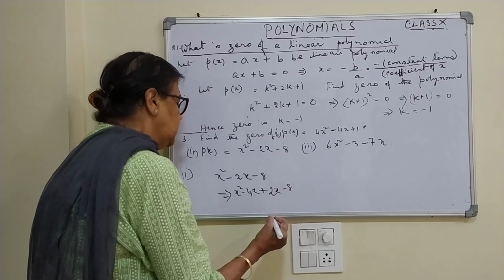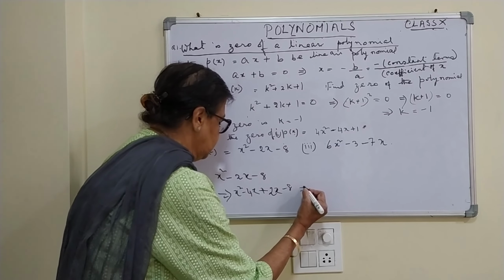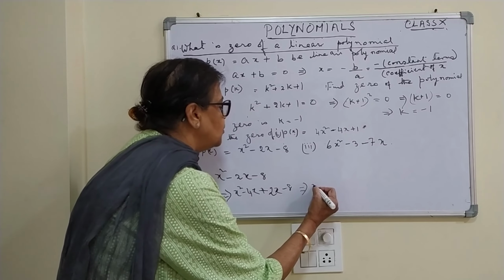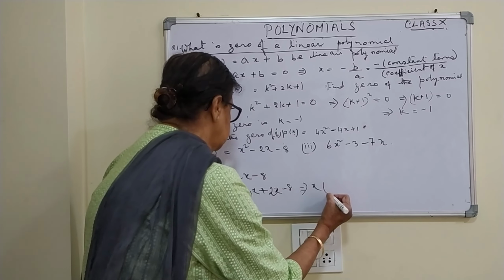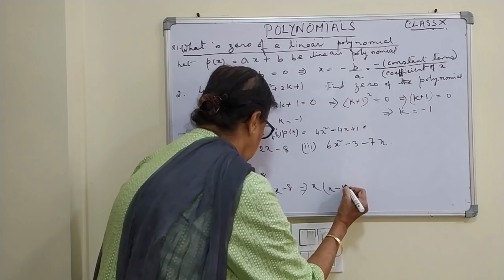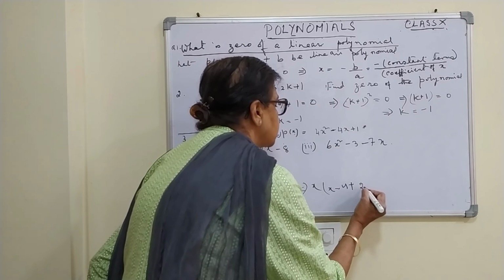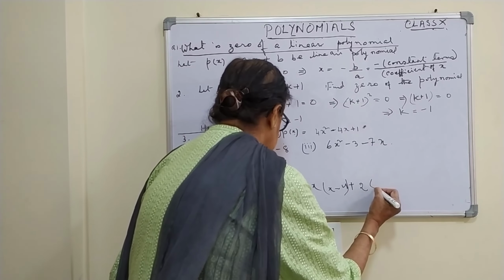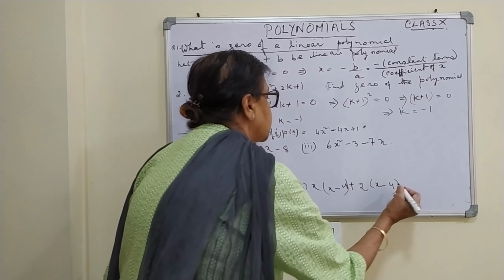That is equal to x common, then it is x minus 4 plus 2 common, that is x minus 4, equal to 0.